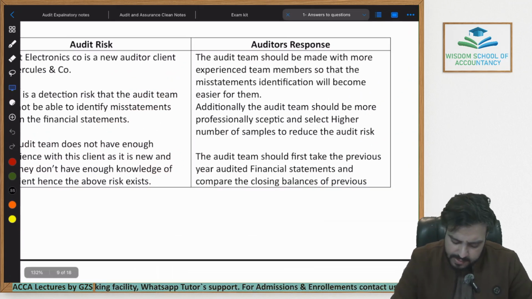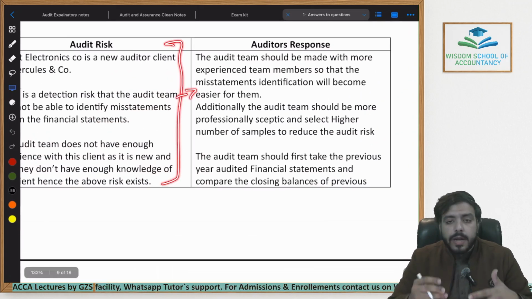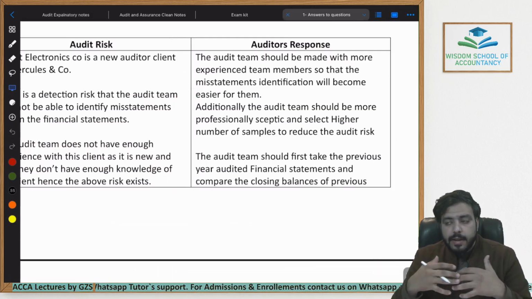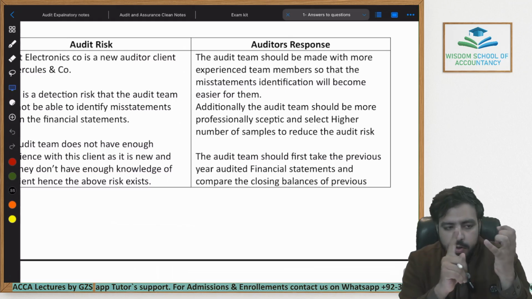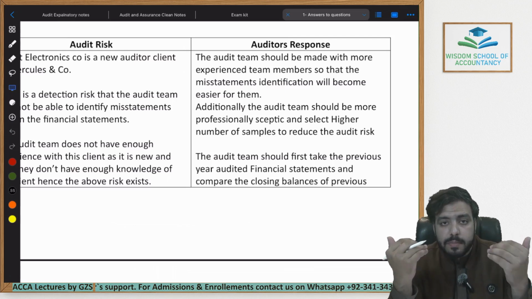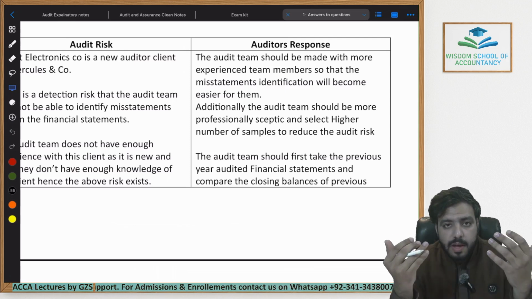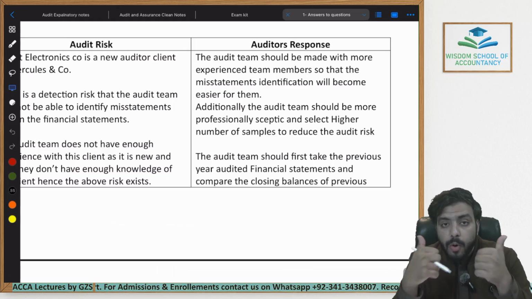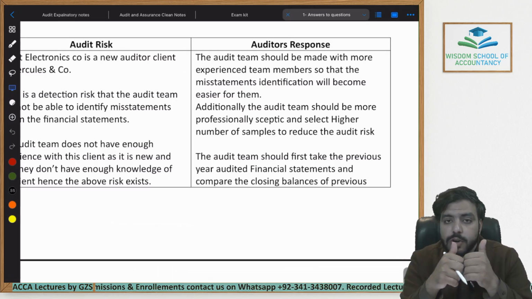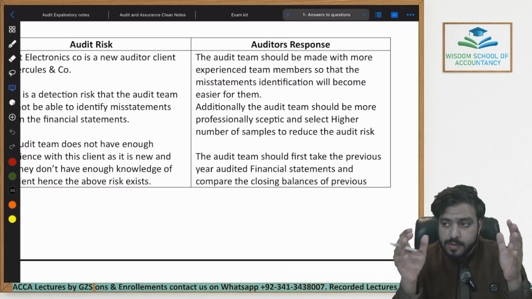Now, for this specific risk that we have created, what is the appropriate response in this case? By now you should remember it, that as an auditor, in order to reduce the detection risk, what can we do? We can increase our number of samples, we can increase the quality of samples that we select, and we have to be more professionally skeptic. This means anything that the management gives to us, we should not directly rely upon, because this is a new client.